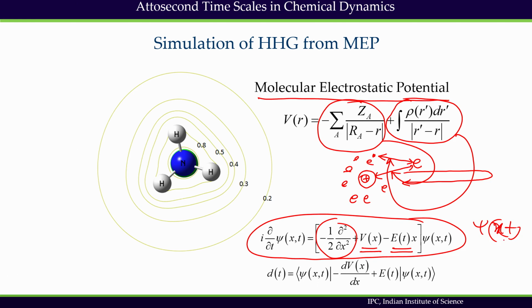Finally, if we solve this equation numerically, then I get psi(x,t) value at different times. If I plug that into this dipole acceleration term, d(t), then what I get is the spectrum, which is the square modulus of the Fourier transform of d(t).